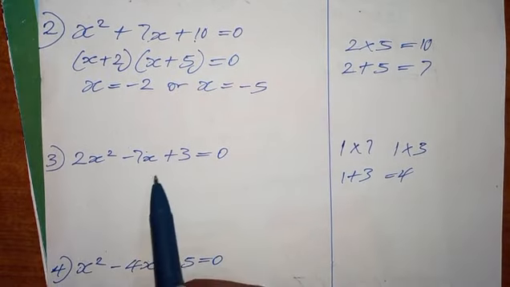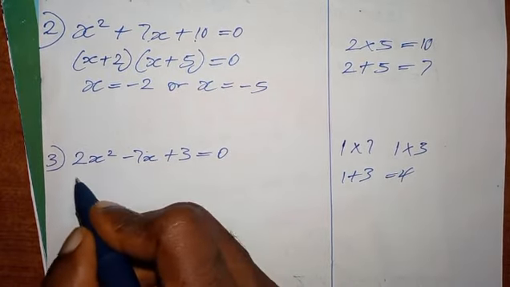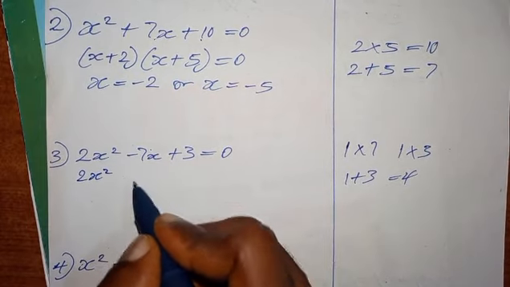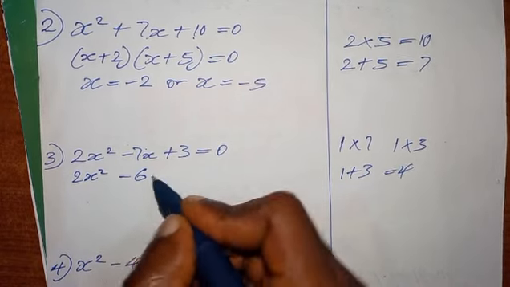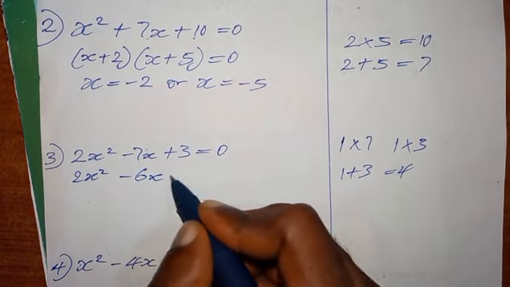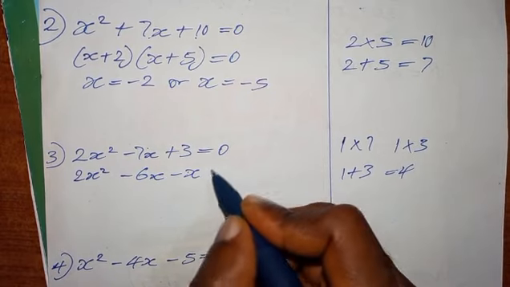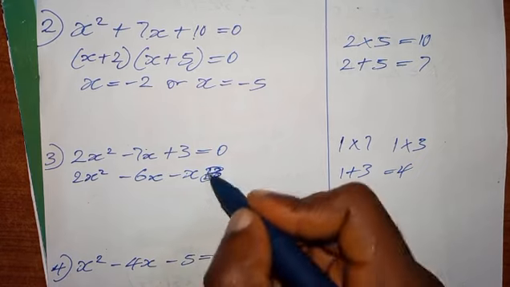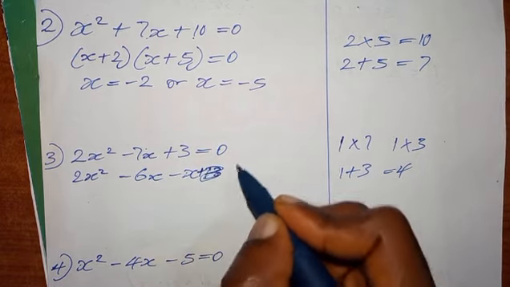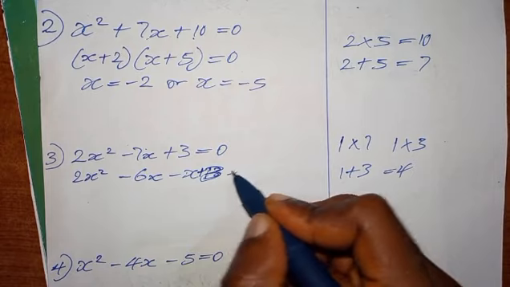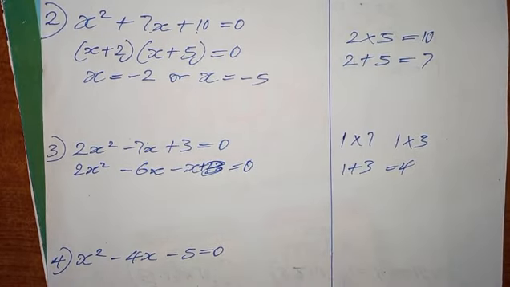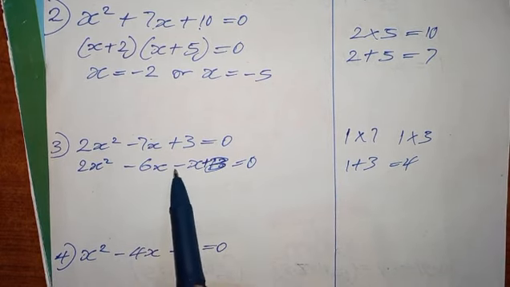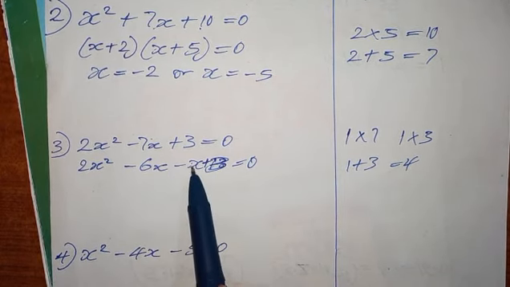Number 3, you have to split the middle term, which will be 2x squared minus 6x minus x plus 3 is equal to 0. You may wonder, why is it 6? Why is it 1? Minus 6x minus 1x.